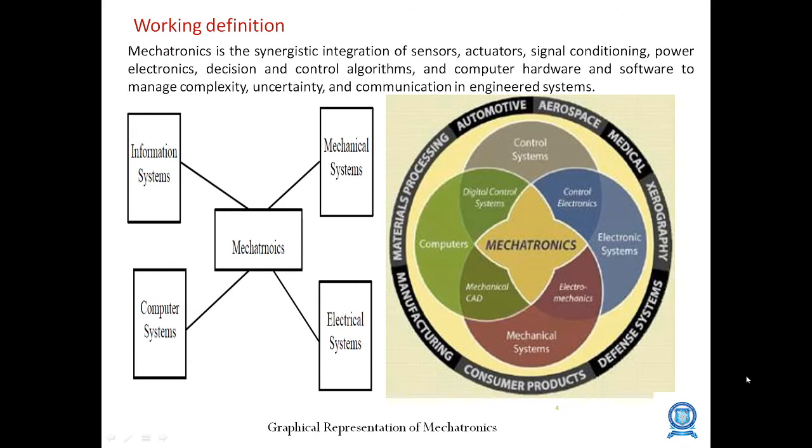So this is a diagram representing the graphical representation of mechatronics. It consists of information systems, mechanical systems, computer systems and electrical systems.